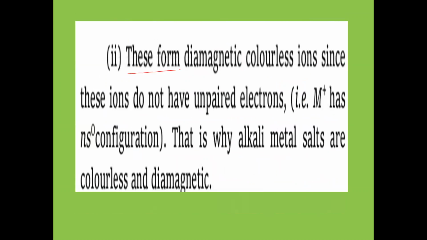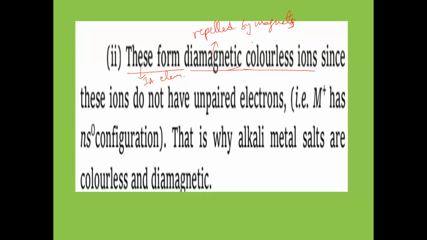And these means what now? First A group elements, that is the alkali metals, form diamagnetic substances and colorless ions. Diamagnetic means repelled by magnets. If any substance is repelled by magnets, that is called a diamagnetic substance.